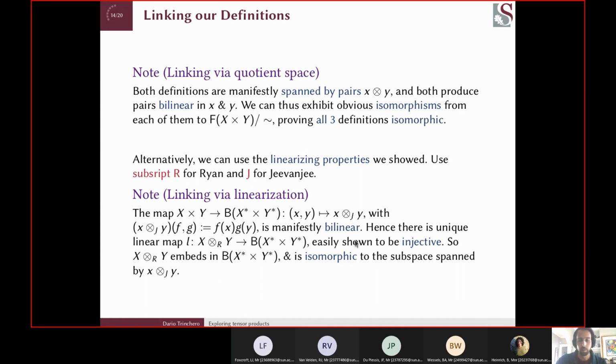And because it's a bilinear map from the Cartesian product, what we found is that there's a unique linear map from the tensor product, from Ryan's tensor product, into it. Right? That's exactly what we just demonstrated. For every bilinear map on the Cartesian product, we have a linear map on the tensor product.